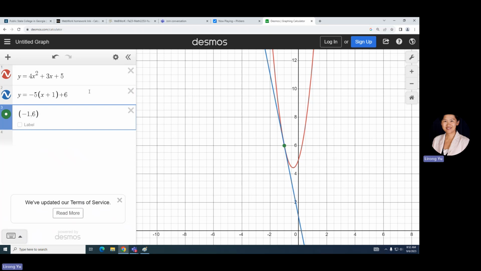So that's the point of tangency versus the tangent line that we determined. That is the problem. I hope it helped. Any questions?